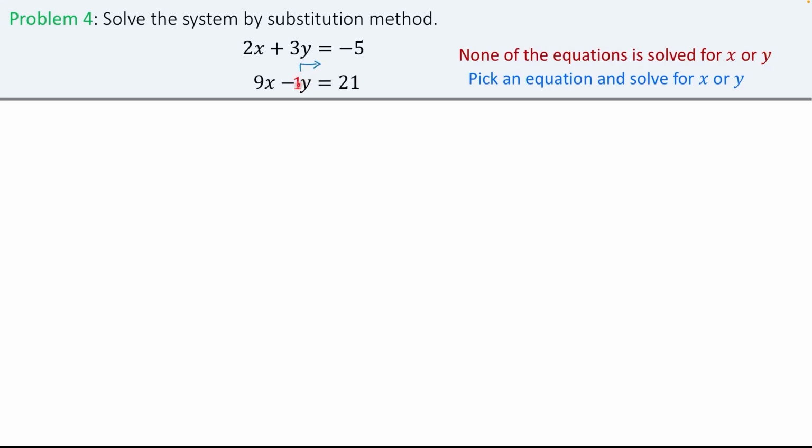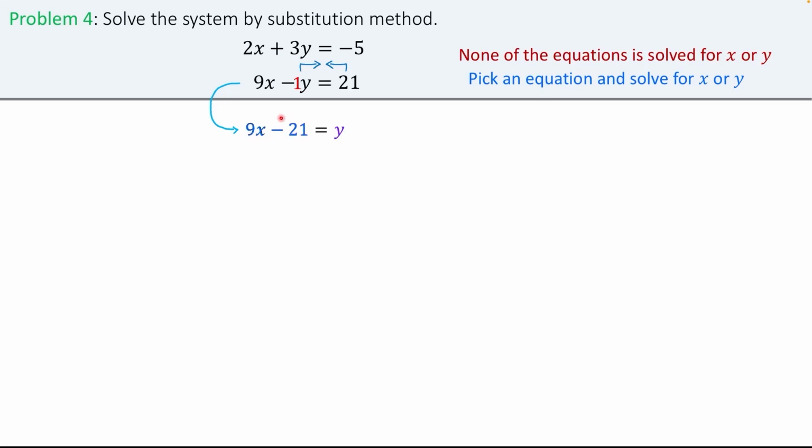Just move this term to the right hand side and move this term to the left hand side. You will get 9x. This is positive, so you need to subtract 21 is equal to y. So y is 9x minus 21.